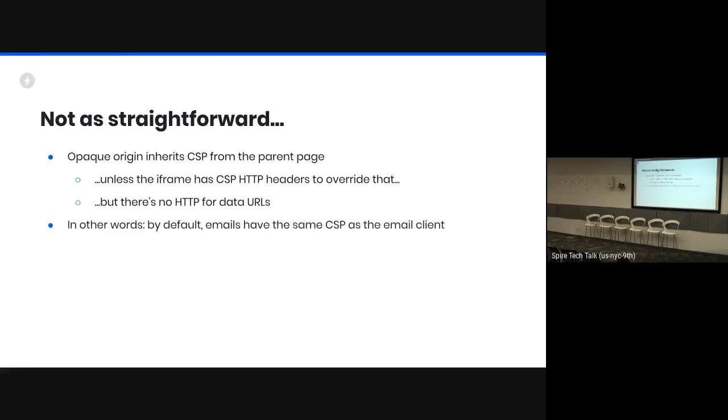In other words, our iframes, at least the way I described them previously with data URLs, will have the same content security policy as the Webmail client. And this is not ideal in most cases. In most cases, we want a more strict, or in general, a different content security policy for the AMP emails compared to the email client itself.